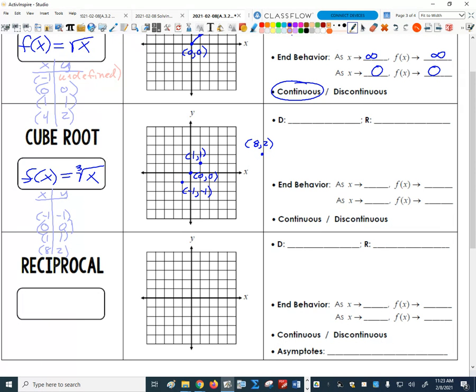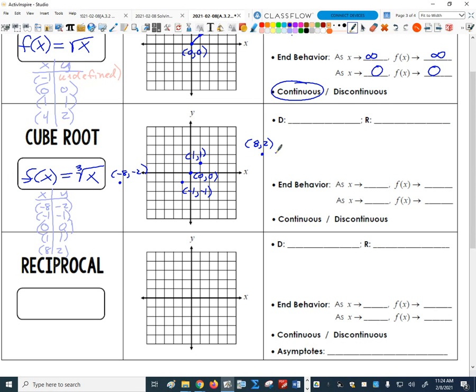What's the next convenient one I could pick? Negative 8, wouldn't it? What could I cube and get a negative 8? A negative 2. So the cube root of negative 8 is negative 2. Once again, that's off my graph. So there's negative 5, 6, 7, 8. So there's the point with coordinates negative 8, negative 2.